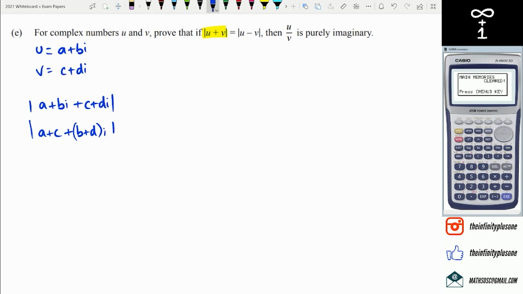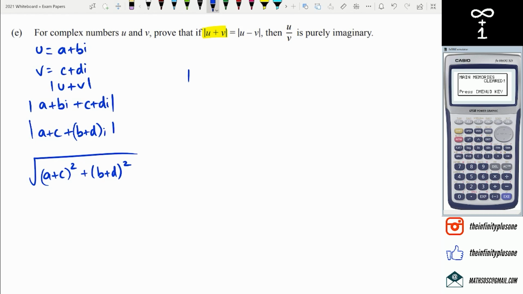If I put this as a modulus, I'm going to get (a plus c) squared plus (b plus d) squared. All right, that's the first idea behind the modulus of u plus v.